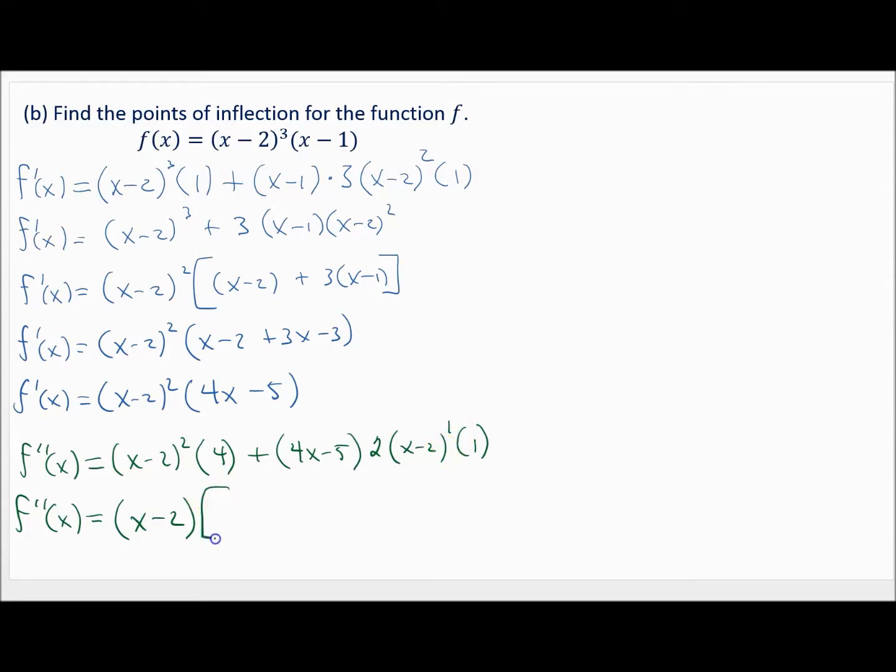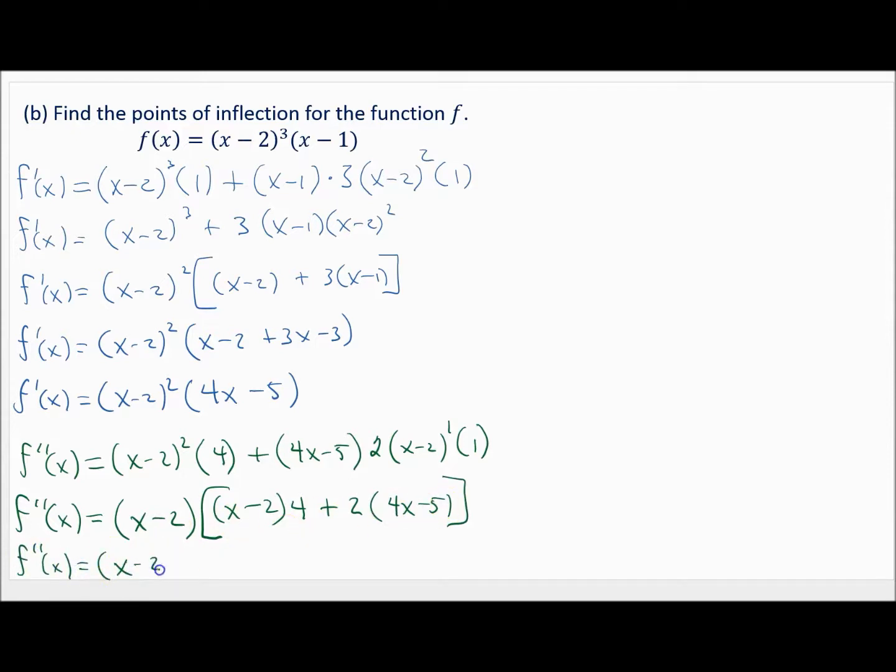Now, what does that leave me with? Okay, so I still have an x minus 2 here. I still have a 4 plus, there's a 2 right here, and then there's a 4x minus 5. Now, the idea is I simplify what's in the bracket.